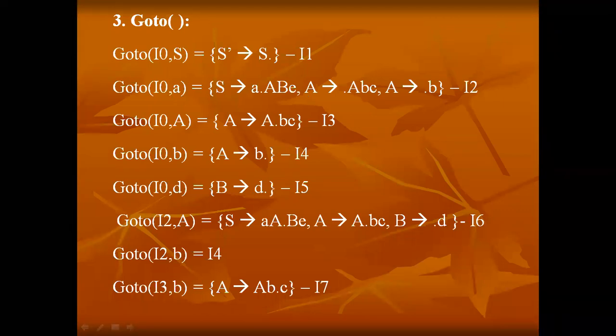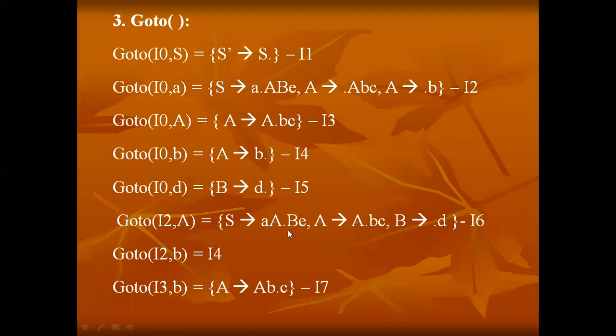All of you should make a note. Once you read this production rule, A dot BE, it means that after the dot there is a non-terminal.